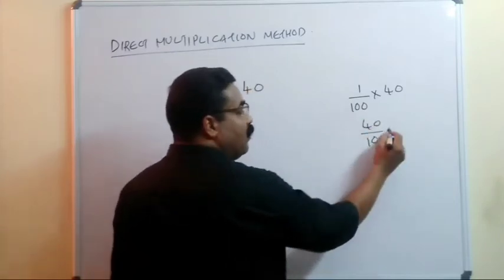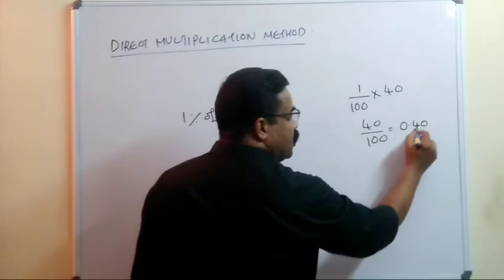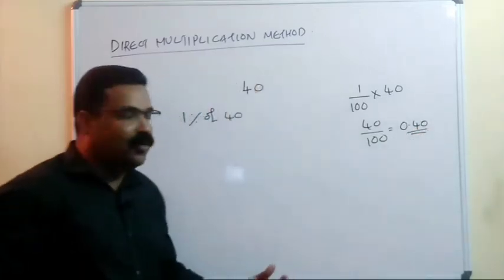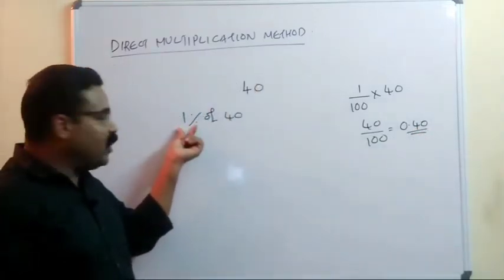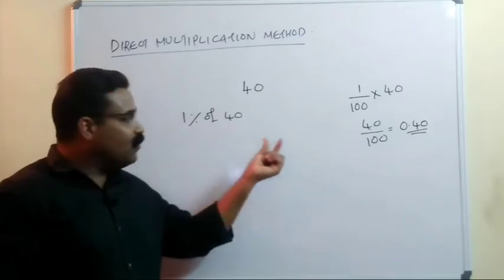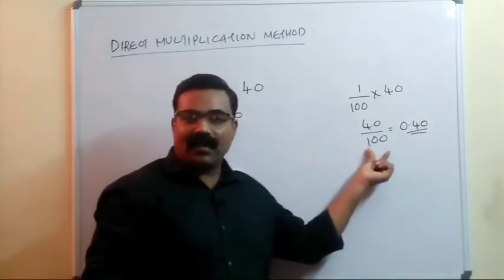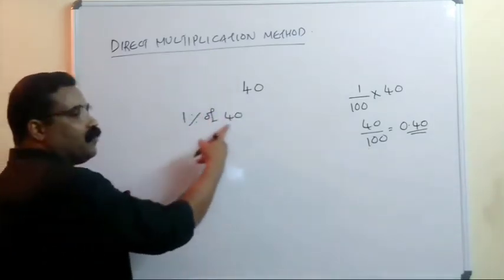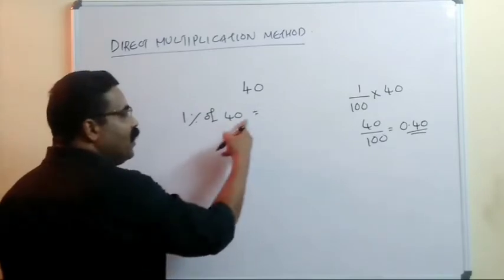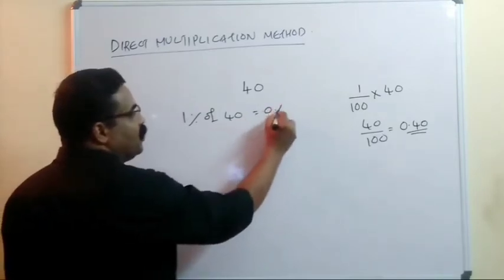What will that be? 0.40. So whenever we find 1% of any number, we are just dividing that number by 100. If I want 1% of 40, I can directly divide by 100, so it becomes 0.40.